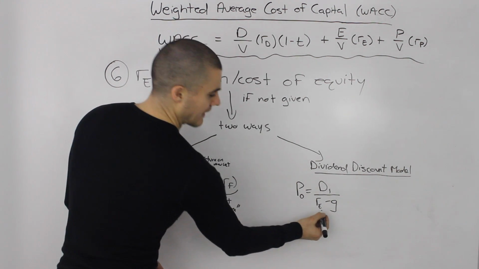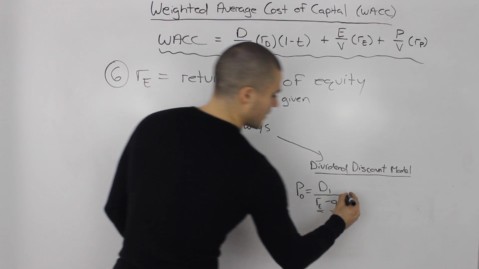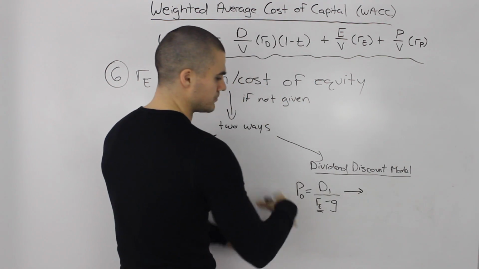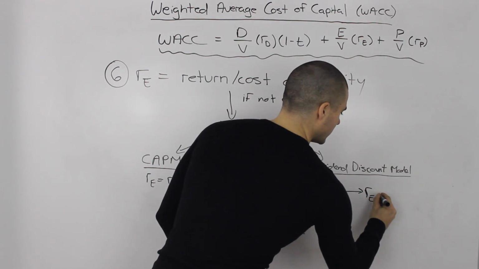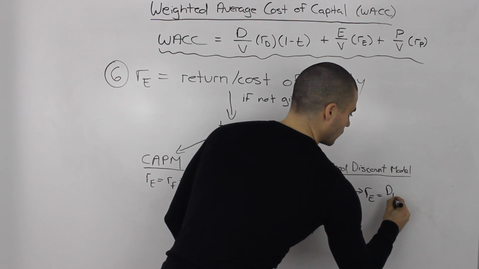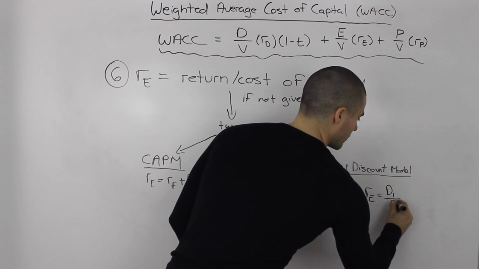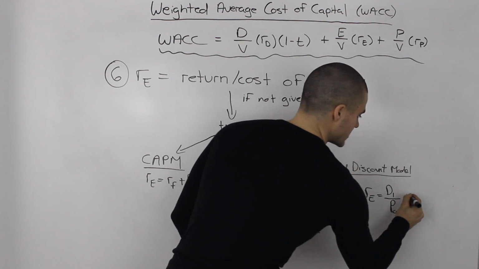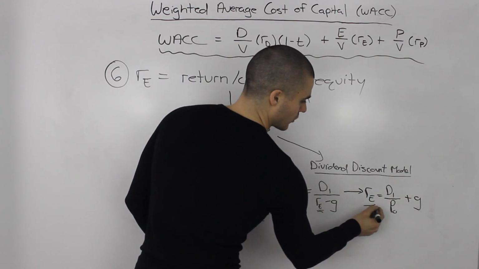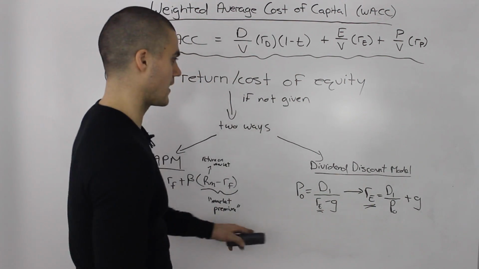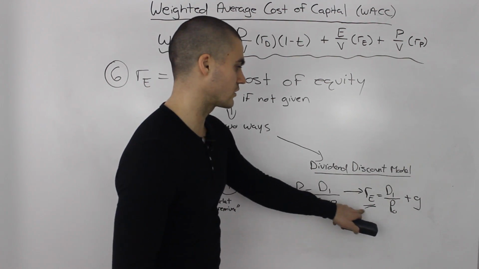So what we're calculating is this RE. If you were to manipulate this algebraically, RE would equal the dividend that you're paying in 1 year over the price of the stock, the market price, plus G. So this is the formula for RE if you're going to calculate it this way.